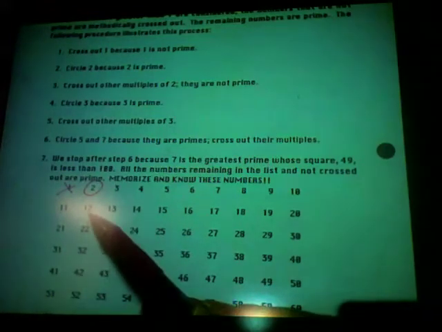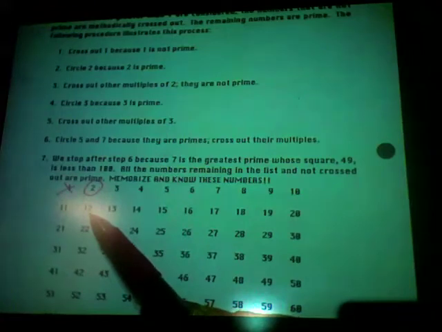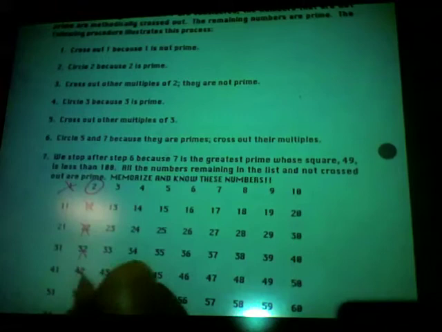So 12 has more factors than just 1 and 12. Factors are things that multiply to give you 12. So factors of 12 would be 1 and 12, 2 and what? 6 and 3 and 4. So it has more than just one set of factors, 1 and itself. It is not prime. And neither is anything divisible by 2 because 2 goes into that. It gives you another set of factors.